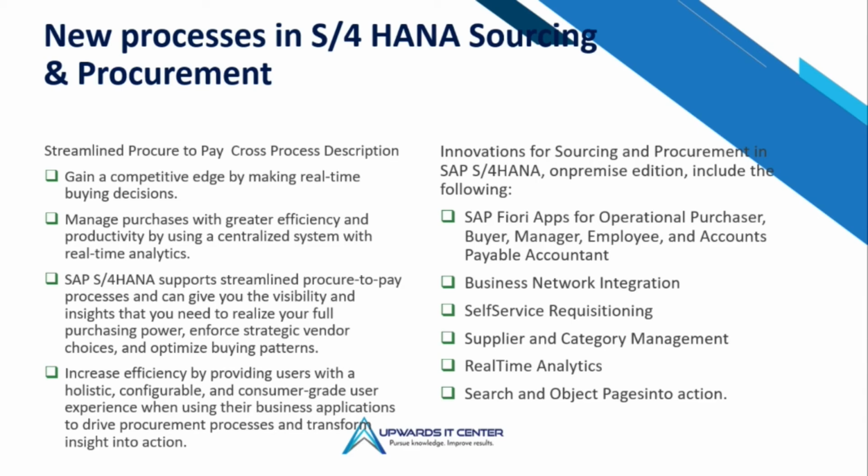The business network integration. So the integration with Ariba, it's native. Self-service requisition, as I said, we have now the catalogs, supplier and category management. As I said, we have new ways to categorize our products and also to measure our supplier soft facts, real-time analytics, and search and object pages into action.